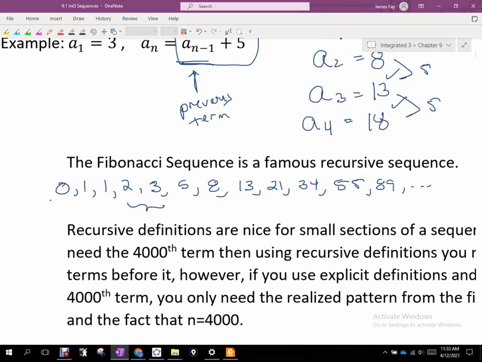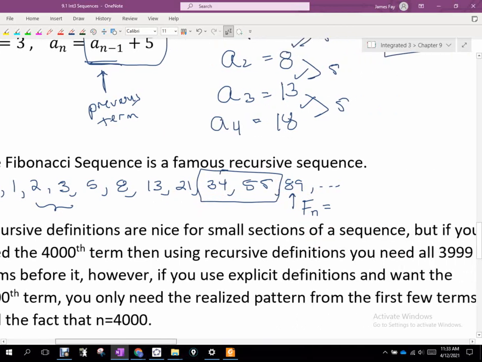The way the Fibonacci sequence is defined, okay? So let's say this is the nth term, and we use a capital F here because of Fibonacci. Okay, so let's say I want to find the nth term of the Fibonacci sequence. Didn't I take the previous 2 and add them together?